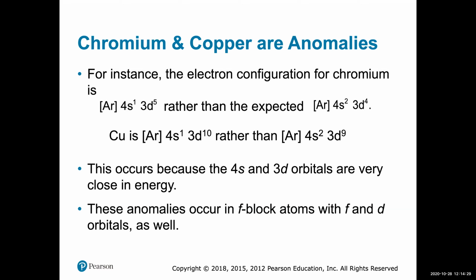Copper is similar, where copper is the argon base, inner core, then 4s1, 3d10, where you would think it would be 4s2, 3d9, but by having a half-filled 4s orbital and a fully filled 3d10 orbital, that's more stable and thus lower energy, so that one occurs.